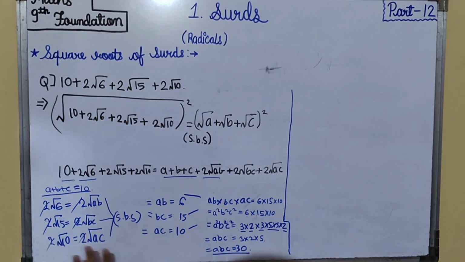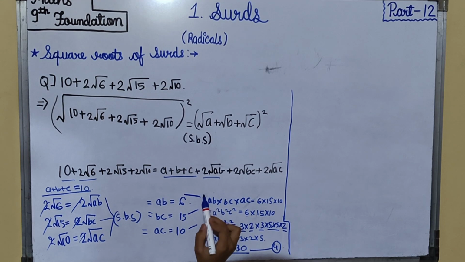Remember this procedure till here. After that, it's very simple. This will be the fourth equation, ab equal to 6 will be the first equation, bc equal to 15 the second, and ac equal to 10 the third.